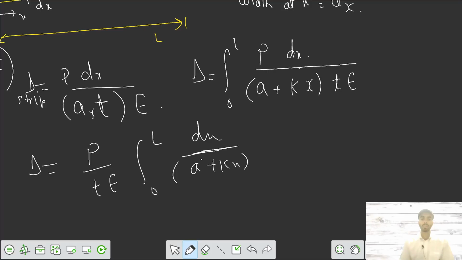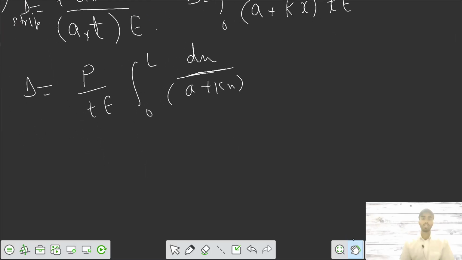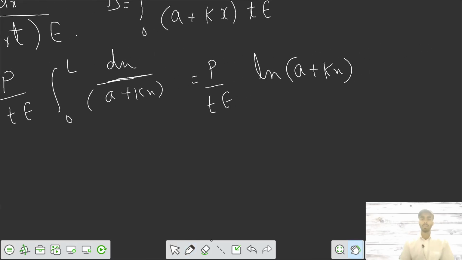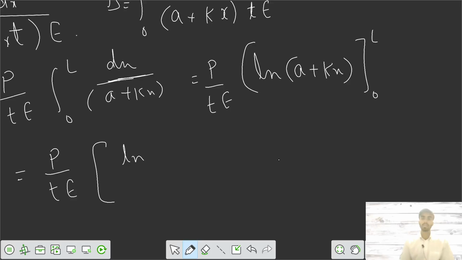So your function is in terms of x, and you are integrating with respect to dx, so it becomes P by tE ln of A plus kx, and your limits are from 0 to L. So your deflection becomes P by tE ln of A plus kx.